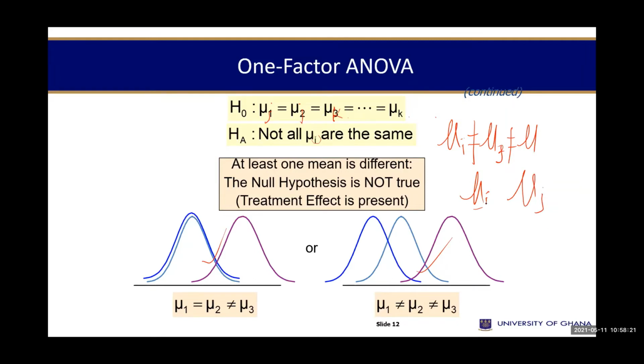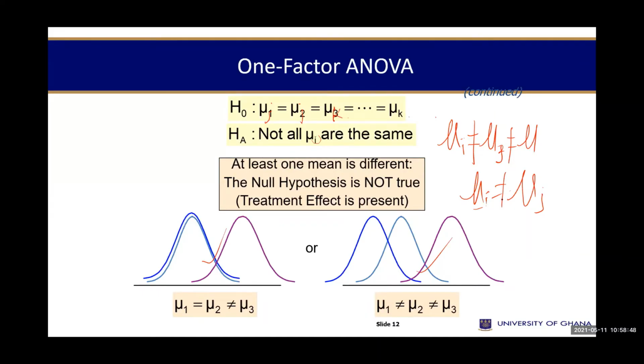This i, j distinguishes the exact populations you are trying to estimate the difference between. So i goes to population 1, j goes to population 2, then i goes to population 1, j goes to population 3, depending on the estimation. So please note that.